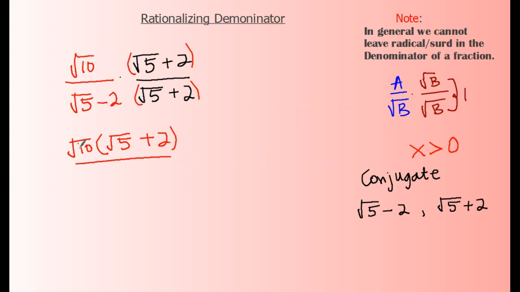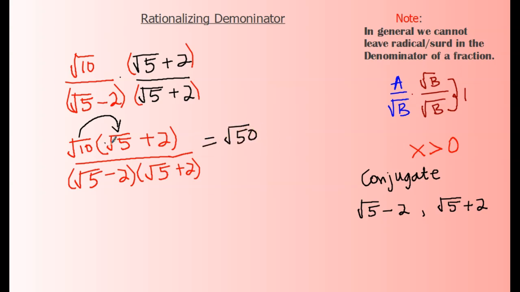And down here it's 2 times, so let me cover it with a parenthesis right here. So this multiplying this, we are going to get square root of 50, and at the same time this times this becomes plus 2 root 10, all divided by.